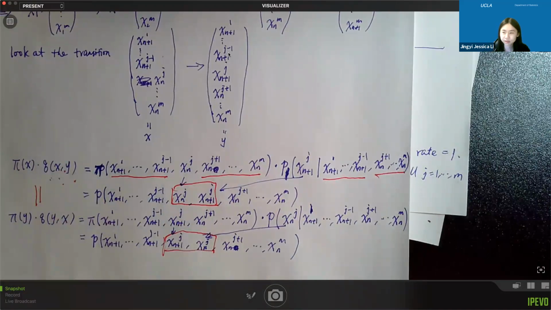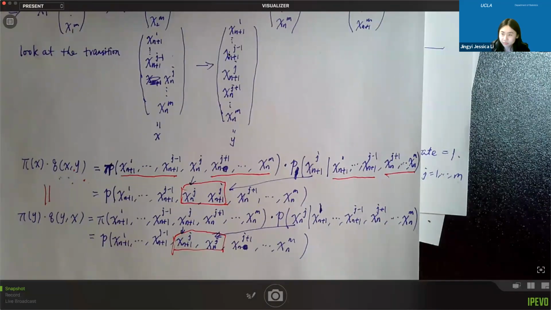That's why the Gibbs sampler gave us an acceptance rate of 1. We don't need a fudge factor to adjust it, so we can accept every sample we draw. Does that make sense? The fact is that we're using the conditional distribution of one dimension given the other dimensions as our proposal distribution for transitioning.